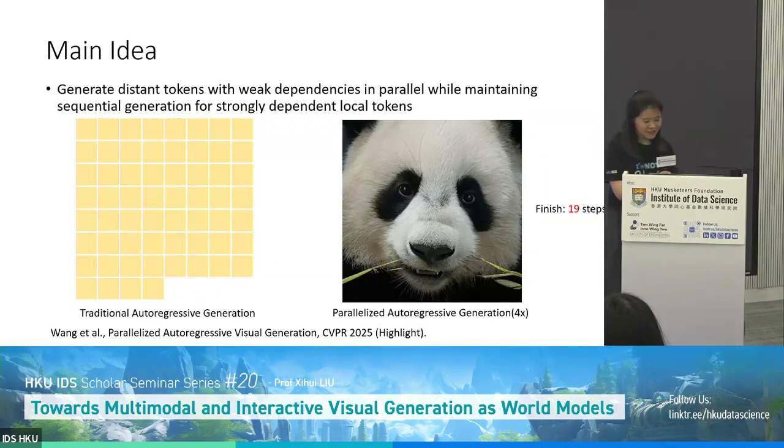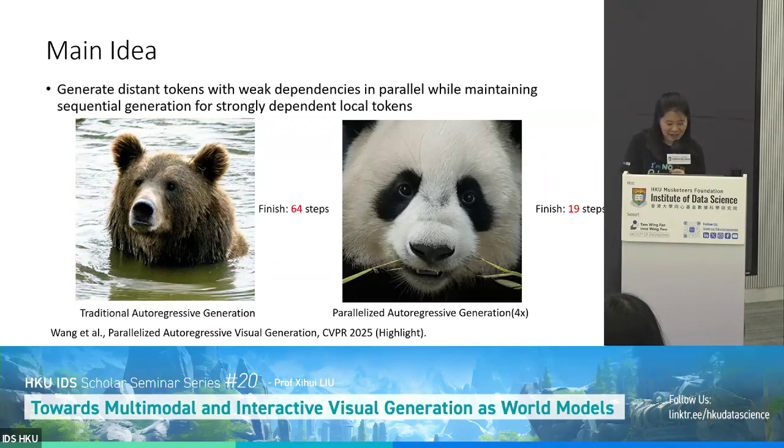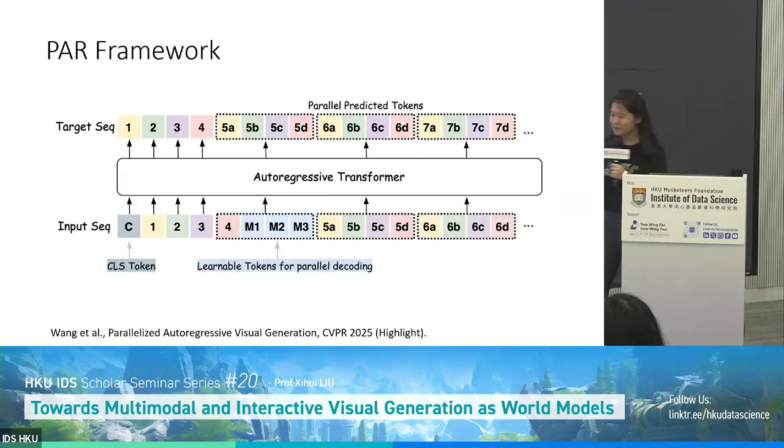Basically, we are not decoding the nearby tokens at the same time, but we decode faraway tokens at the same time. These faraway tokens typically have very low correlation. This is why they can be predicted in parallel.